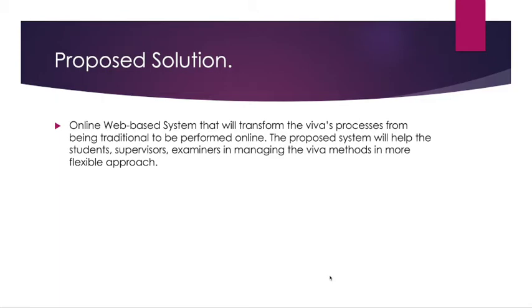Also, the supervisor will manage what a student should submit from the Viva documents, for example, the thesis, presentation slides, or anything else. Also, the supervisor will be able to see the examiner's information, such as the name, status, field, and email.